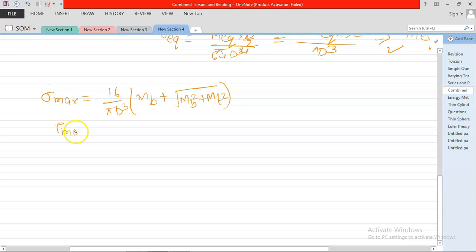Tau max is equal to 16 by pi d cube, under root of Mt square plus Mb square.